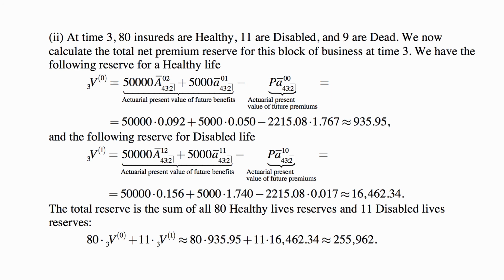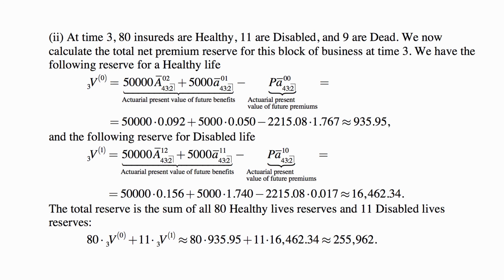Plus, the disability benefit is just annuity of 5,000 paid, well, how? While the person is disabled. And this is continuous annuity, so A bar. The person is 43, 2 more years are remaining. The person starts out as healthy, that's why the superscript of 0, and the annuity is payable as long as the person is disabled. That's the 1 superscript.